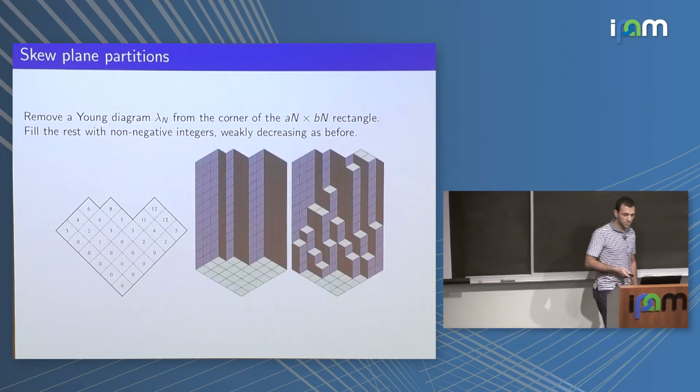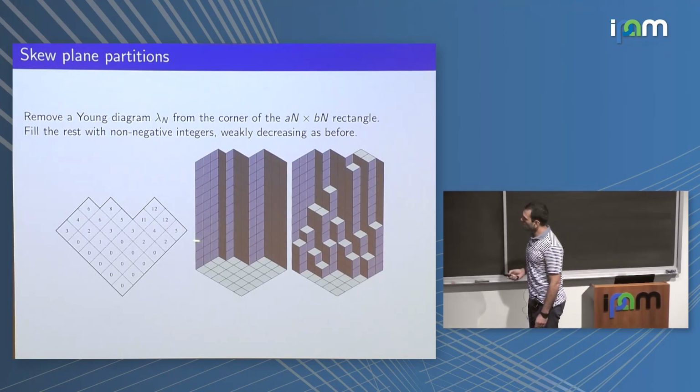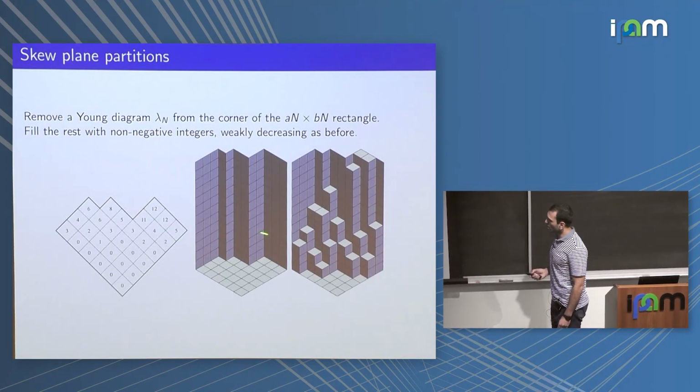And you can again visualize this by thinking of this as stacks of cubes. And if you want to think about this as lozenge tilings, then the numbers that you put here are finite, so these horizontal lozenges are not going to go up infinitely high, but the boundary condition here basically corresponds to some boundary condition up at infinity.